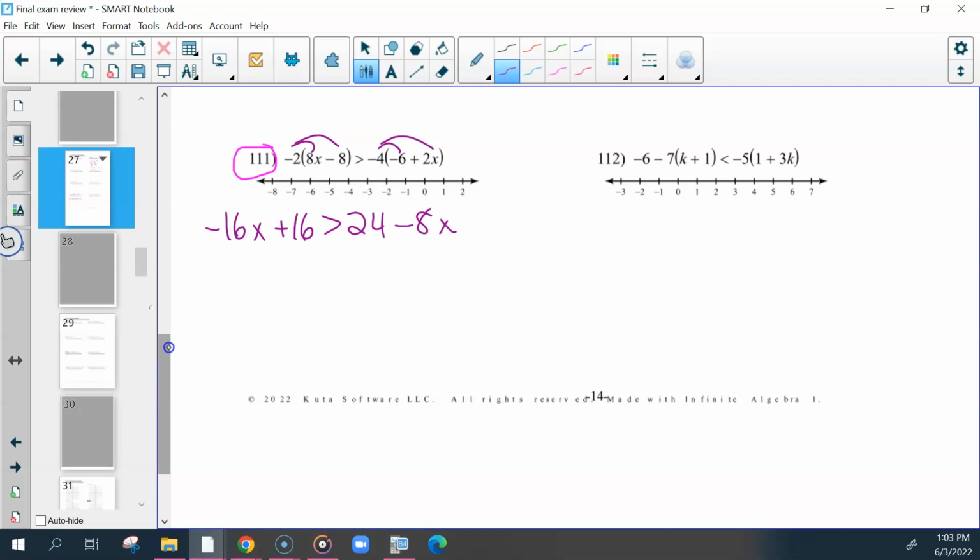And then we can pick and choose what we want to move. So I want to move 8x over to the left by adding, and move 16 over to the right by subtracting. You can do the opposite.